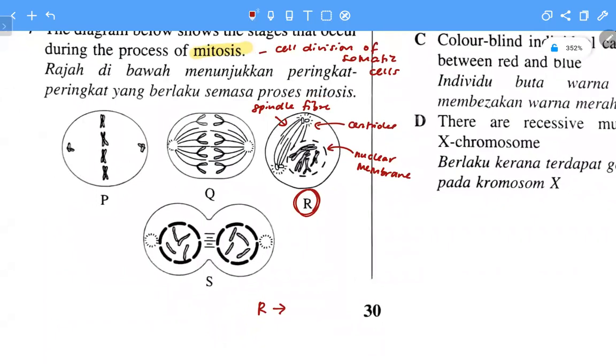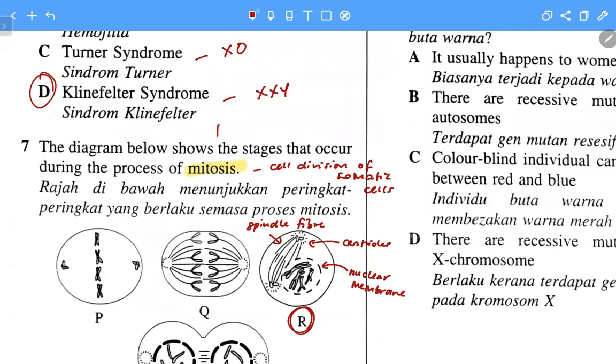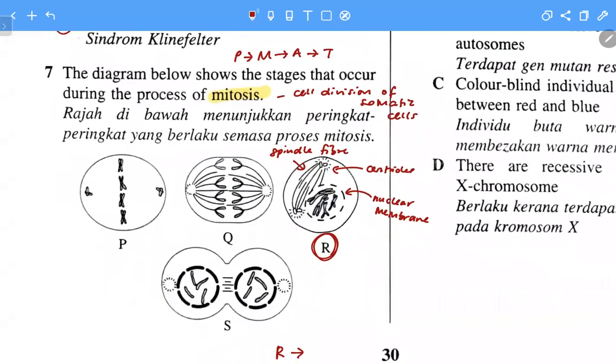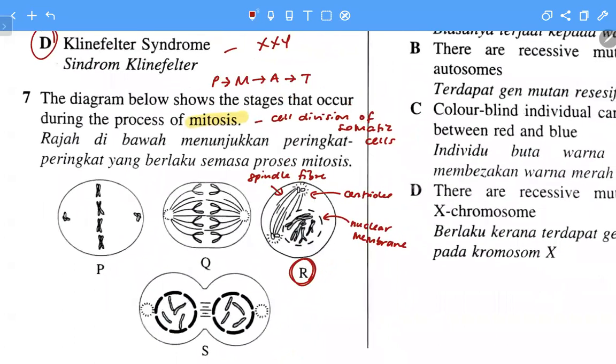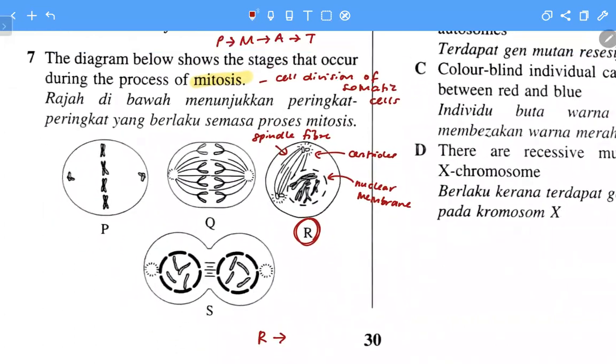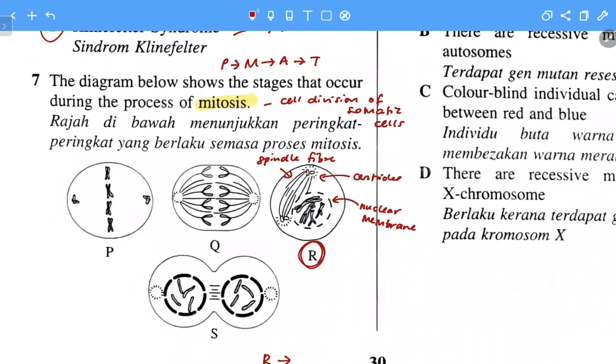So after that, next one you can see is that we will start with P, remember I told you? So we have PMET. PMET means prophase to metaphase, to anaphase, and then to telophase. Okay, so R is technically your prophase before your cell starts to divide. Of course, there will be replication of DNA and things like that.